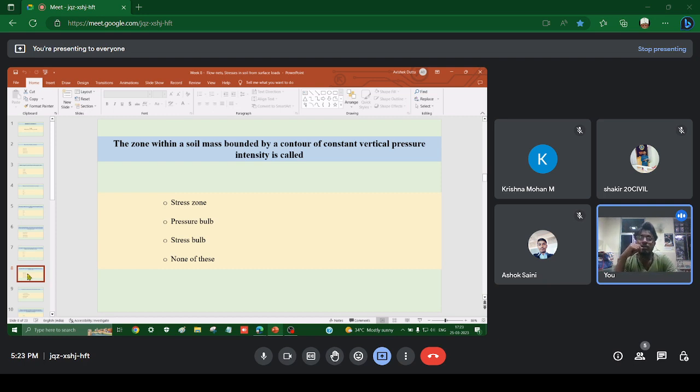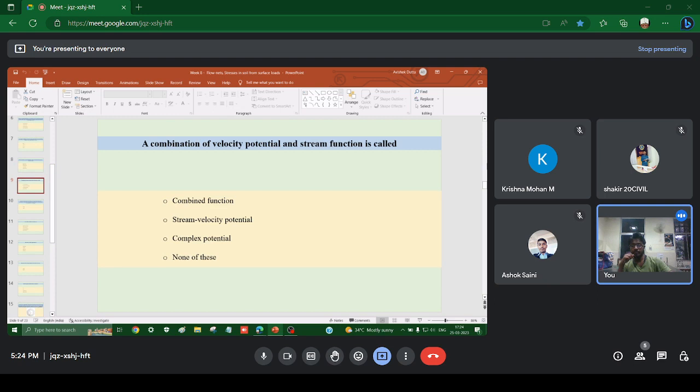I repeat the question. The zone within a soil mass bounded by a contour of constant vertical pressure intensity is called stress zone, pressure bulb, stress bulb, none of these. Next question.